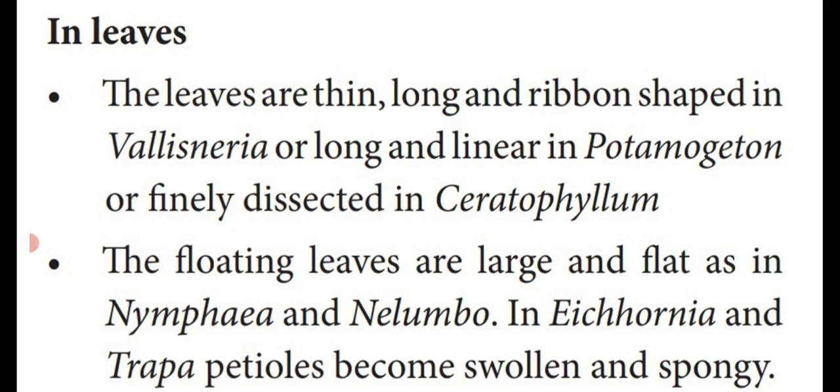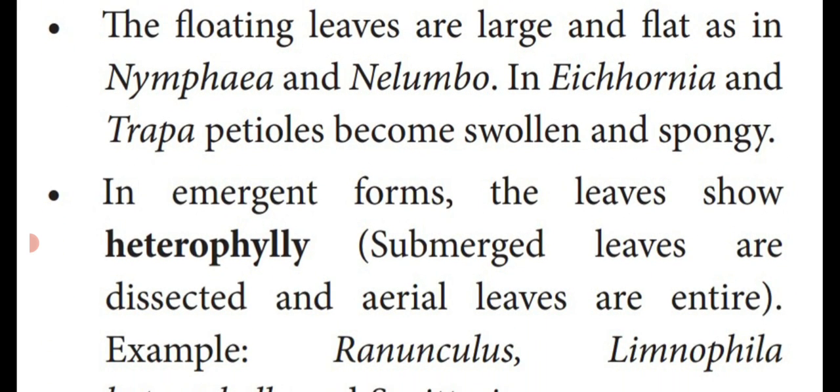In some of the free floating plants, leaves are large and also flat. Example, Nymphaea and Nelumbo, lotus and lily. In Eichhornia and Trapa, the stalk of a leaf, known as the petiole, becomes swollen, that means bulged, and looks spongy, soft, filled with air. So that is another type of leaves.